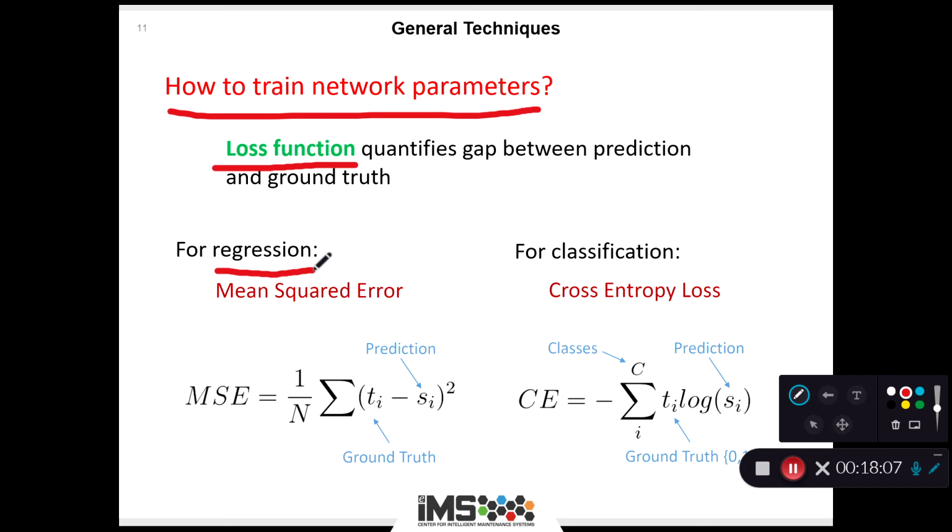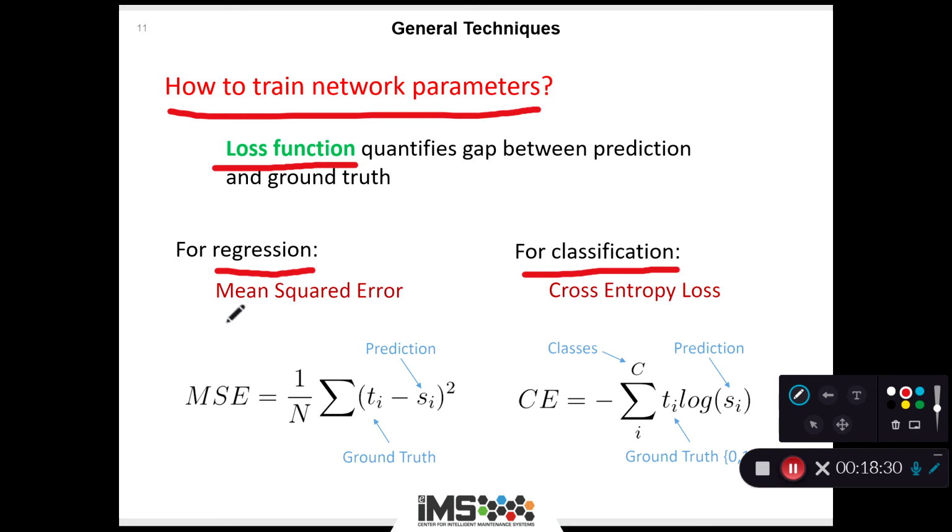We want one value at the end. And the other one is classification. For example, fault diagnosis of the machine. We want to know which fault mode the machine is currently in. So for these two types of tasks, we usually have different loss functions to use.